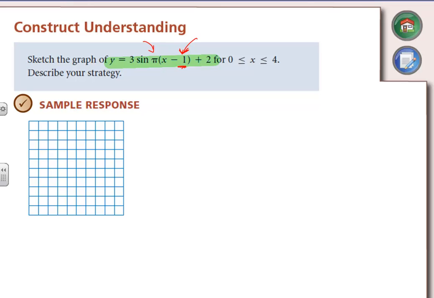Applications are naturally occurring things, so therefore we must always do applications in radians. All right, applications always in radians.